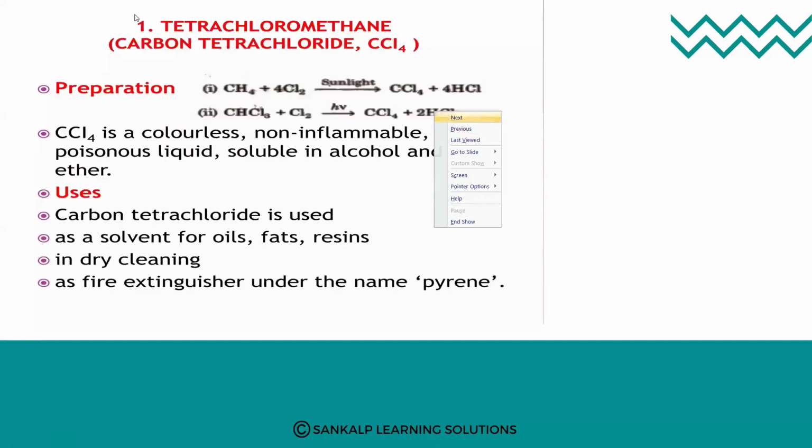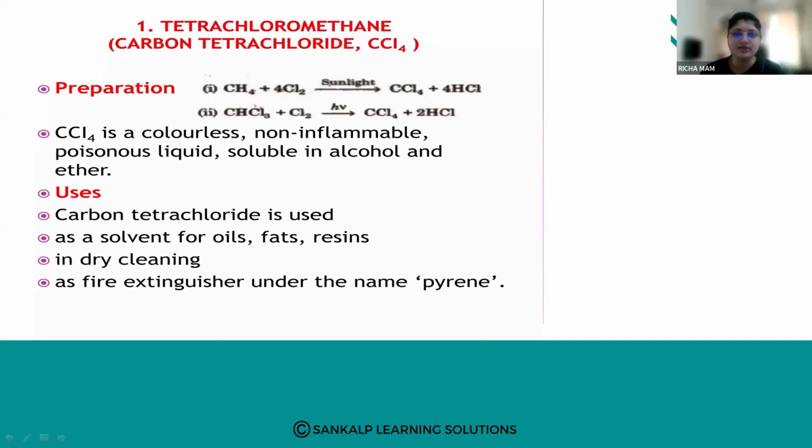First we'll start with tetrachloromethane. What is tetrachloromethane? Tetrachloromethane preparation. As we have seen for chloroform, how we have done controlled chlorination. Here the starting product is methane.